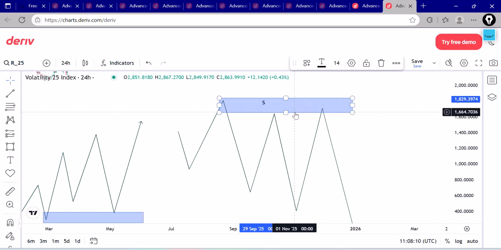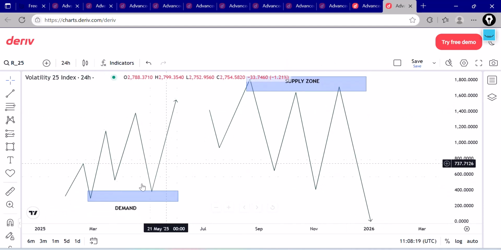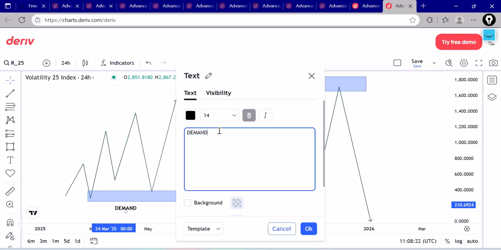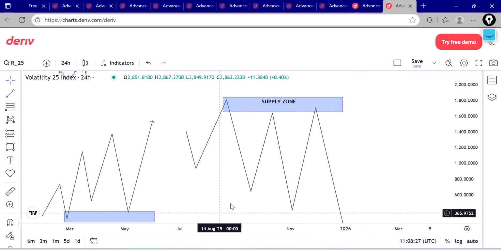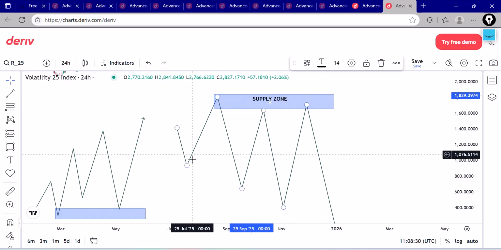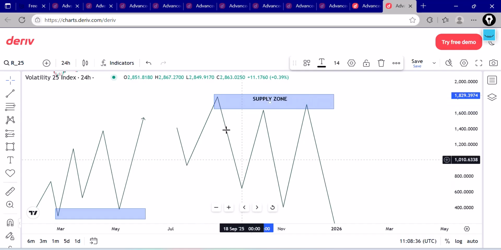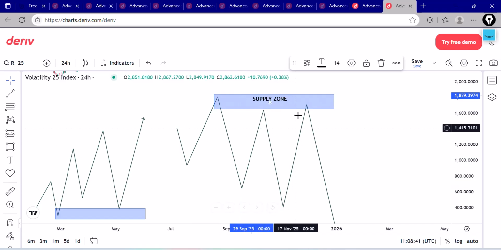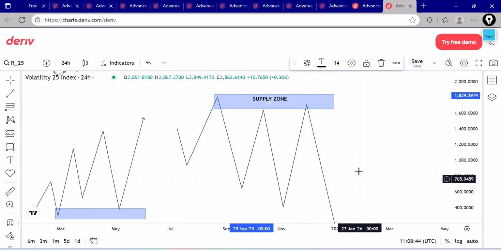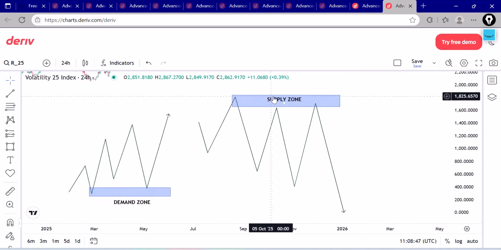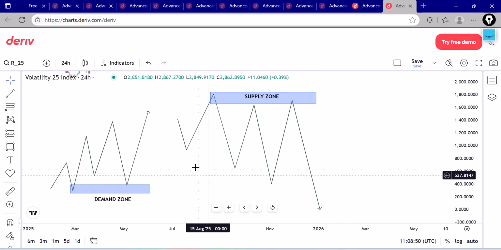So this is a supply zone. So this is the demand zone, and this is the supply zone. This is the area where there was a big selling pressure. So when price moves back to that zone, it sold massively to the downside.